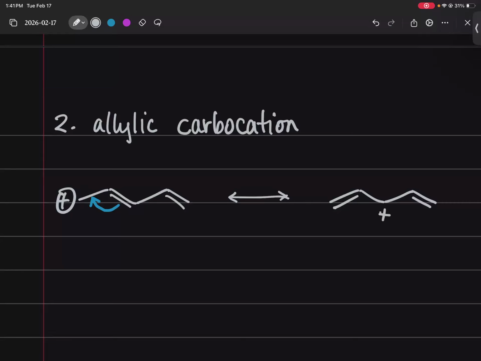But when this happens, the positive charge moves to the other end of the allylic system. So again, this is very similar to the first example I showed at the very beginning, except it's a longer molecule.